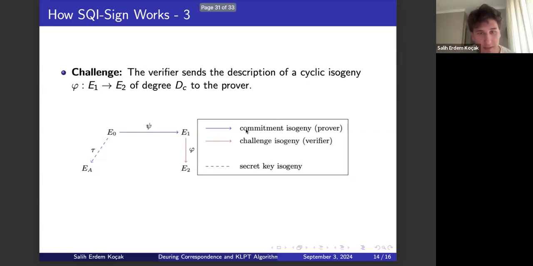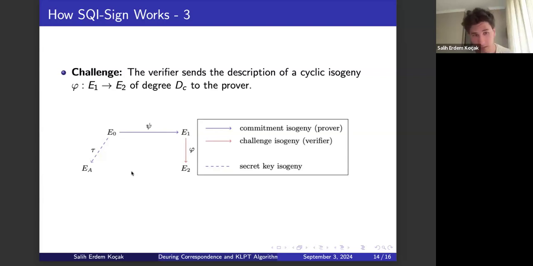After this, the verifier computes a challenge isogeny phi from E1, and they end up in E2. They send this E2 to the prover, and they keep this isogeny secret again. And they ask the prover to give an isogeny between EA and E2.